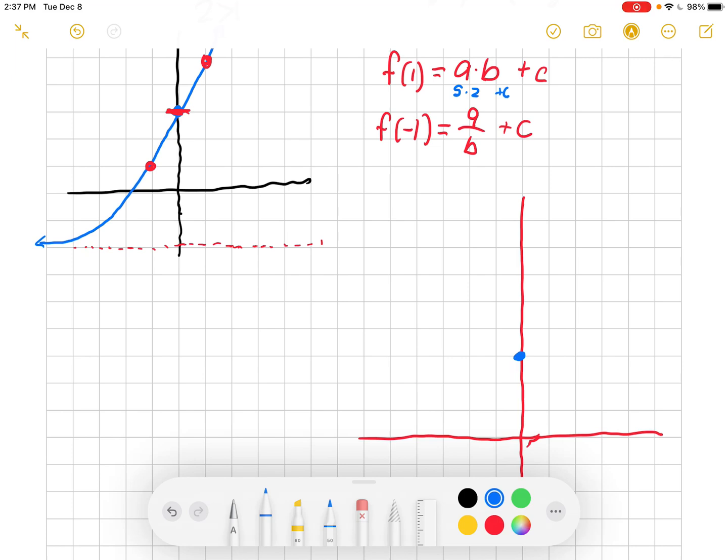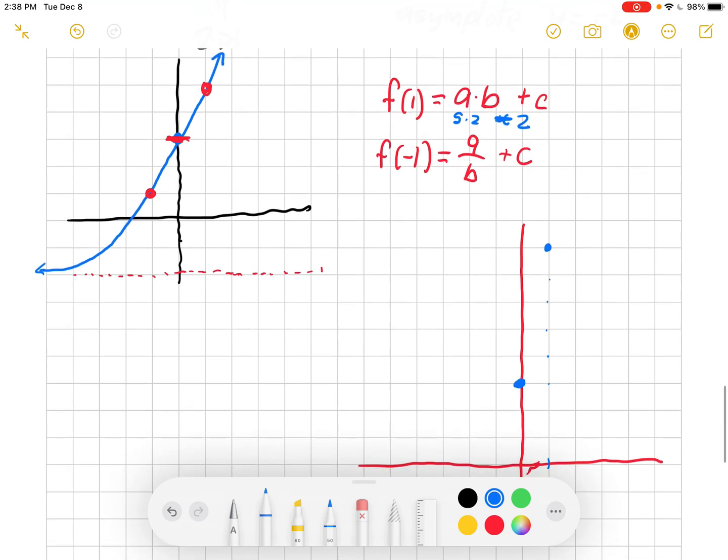So when x is equal to 1, this is equal to 5 times 2 minus 2, which would be this point right up here. So it would be 5 times 2 is 10, minus 2 is 8. So 1, 8. 3, 4, 5, 6, 7, 8. So, relative to this, we increase by 10.